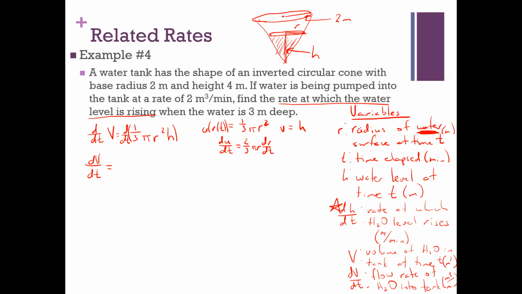Time governs the radius of the water level, and the radius of the water level governs this function u that we pulled apart, this 1/3 pi r squared, which is part of the volume but not all of it. So think about the way chain rule works. The first thing I have to do is take the derivative of u with respect to r. That gives me 2/3 pi r. Then the chain rule says I take the derivative of r with respect to t. The only thing I know to do with that is dr/dt.